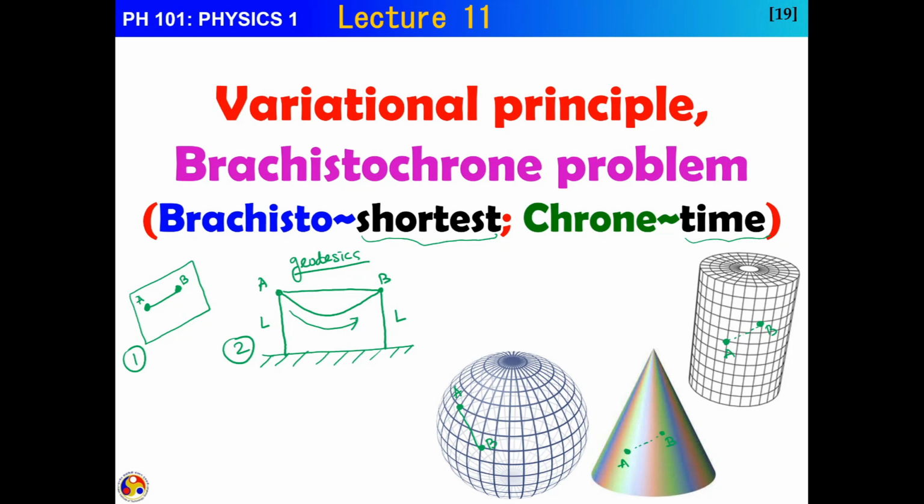So obviously we put the question: what is the path that gives the shortest distance between two points in a plane? We said it to be a straight line without any hesitation, but can we say that here? What is the path that gives the shortest distance between two points on a sphere? Would it be a straight line, or what would happen in a cylinder and so on?